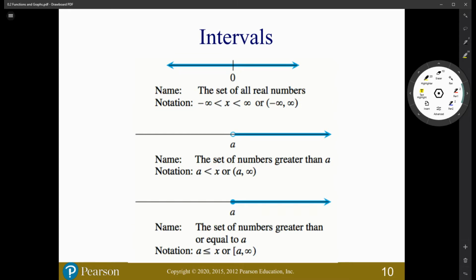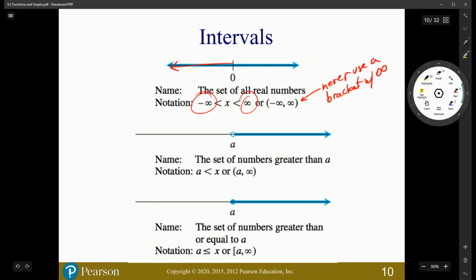Here we have intervals that continue on forever in one or both directions. In this case, we use the infinity sign and the negative infinity sign. And we never put a bracket with infinity. Never use a bracket with infinity. We always use parentheses.